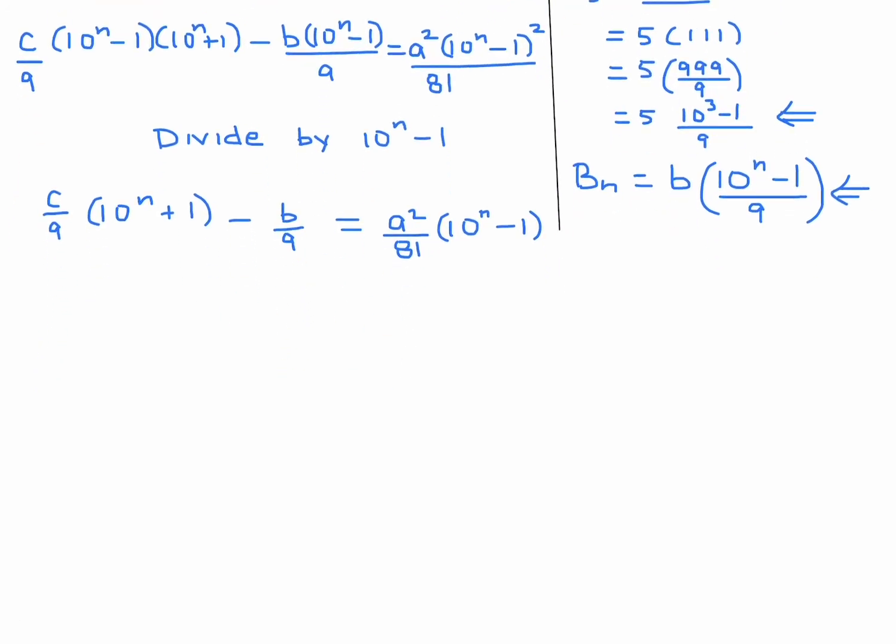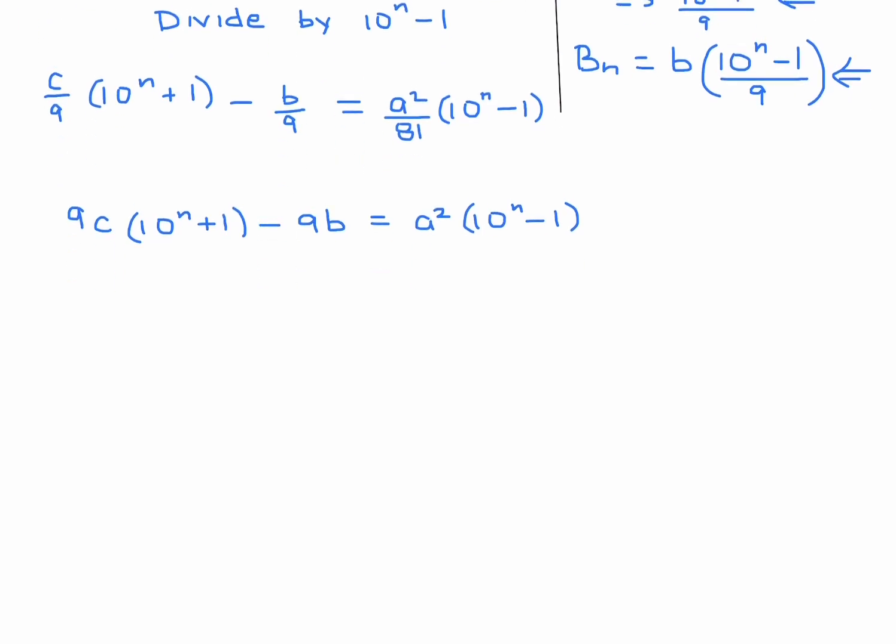Now let's multiply through by 81 to get rid of the fractions, and when we do, we get 9c times 10 to the n plus 1 minus 9b, equals a squared times 10 to the n minus 1. Okay, so we're making some progress here. At this point, we want to expand and collect like terms as best as we can. So let's do that. This is going to be 9c times 10 to the n plus 9c minus 9b is equal to a squared times 10 to the n minus a squared.